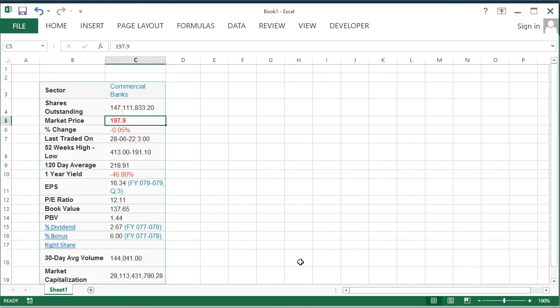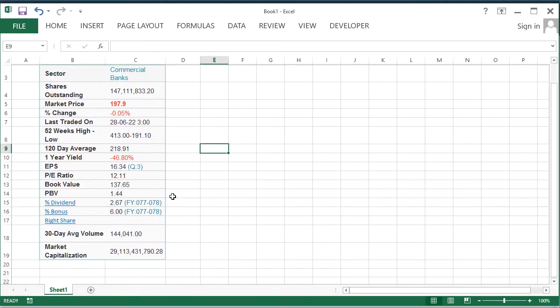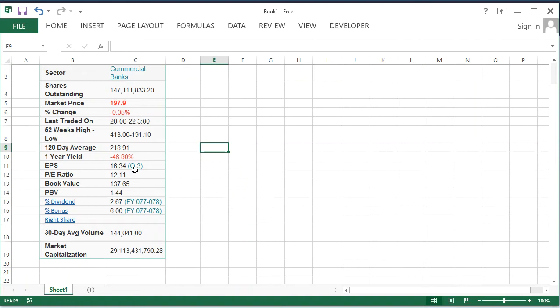The market price is 197.9, and you can see EPS is over here, which is 16.34 for the fiscal year. It's in Nepali dates. Okay, EPS is 16.34. Let's not go to the year. Let's say it's of the Q3. Okay, fine. So the EPS is 16.34 for the Q3.